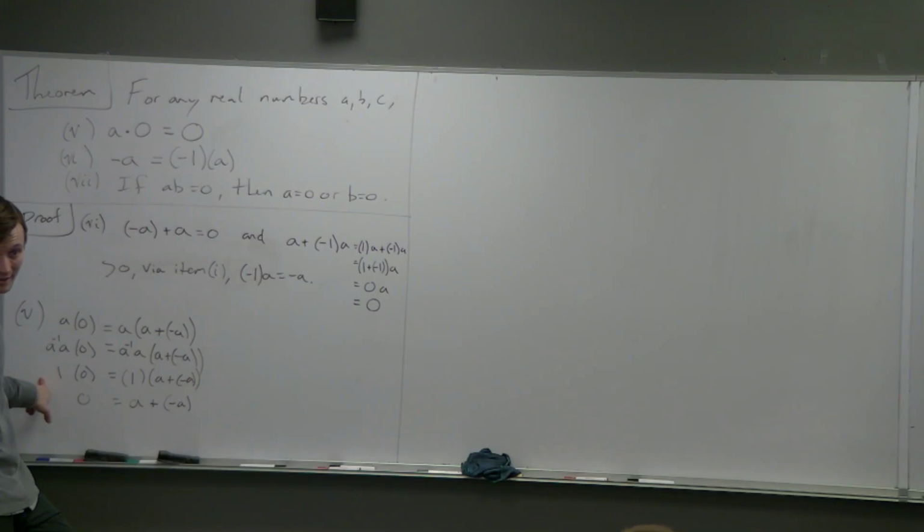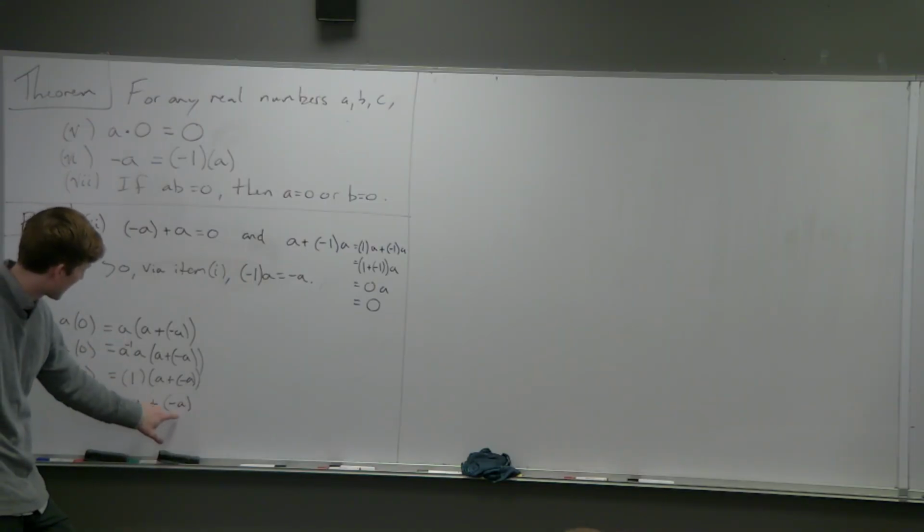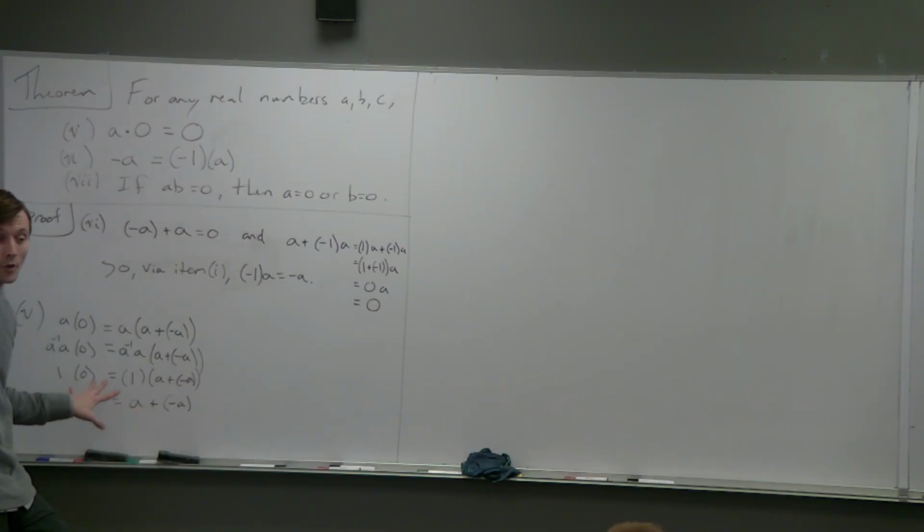Yeah? Okay, cool. Now over here, doing the exact same business, we end up with a plus minus a is 0, which is good. So we could almost reverse engineer this in some ways. That is, we want to show that this thing is equal to 0. Yeah?